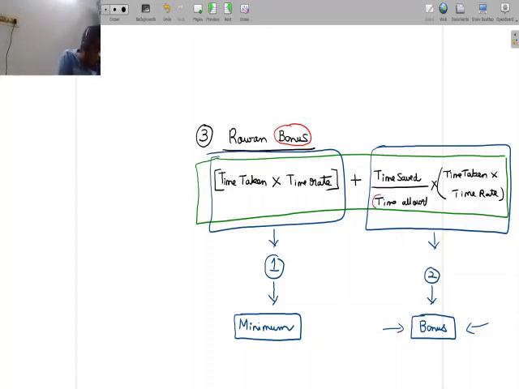We have something called a time allowed. Rowan says, when you assign a work to a certain person or a group of people, you give them a time allowed. And then you tell them, if you are able to complete it earlier, then there is something called time saved.